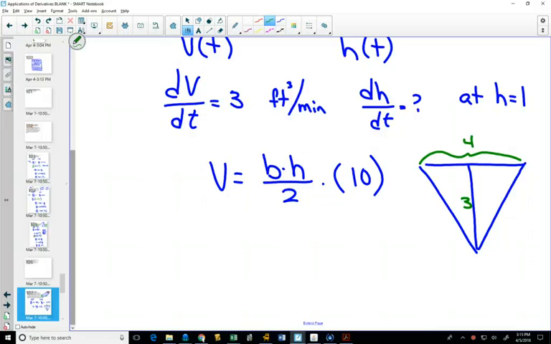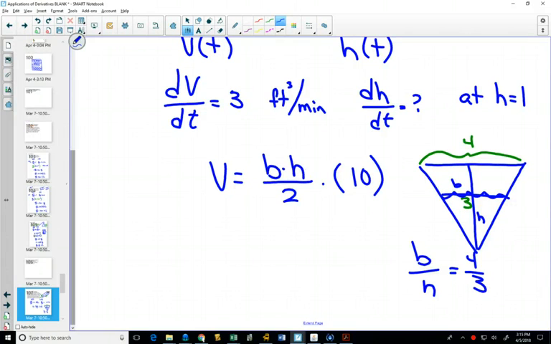Now, we don't know where our water level will be, but wherever our water level is, this is the height, and this is the base. And so we can use ratios to look at this. We know that this ratio of our base divided by our height has to be equal to the larger similar triangle, which is 4/3.